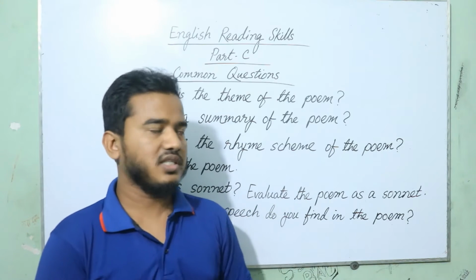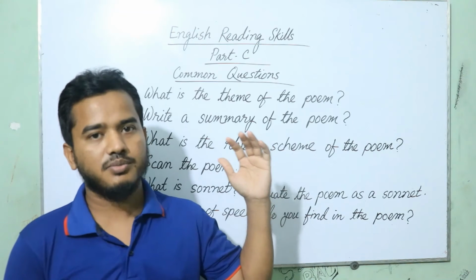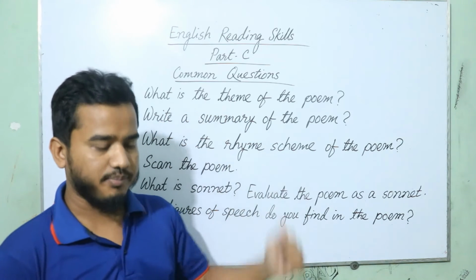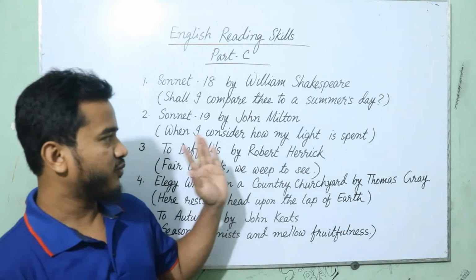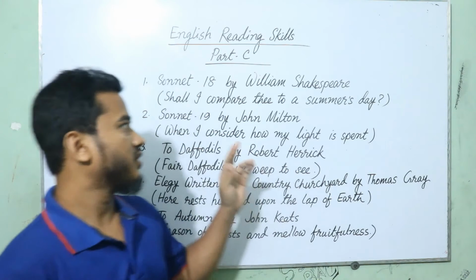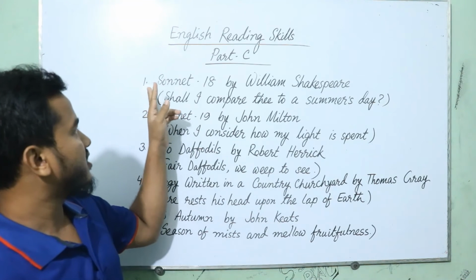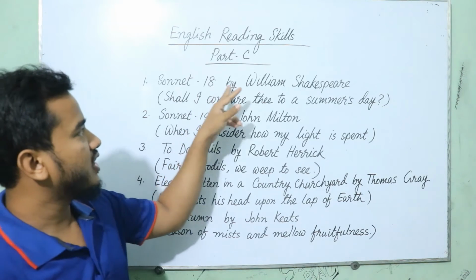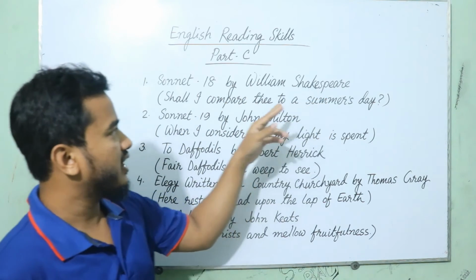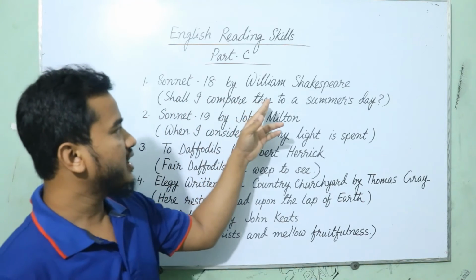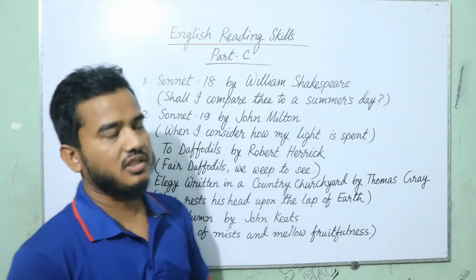So let's write down some poems for you to practice at home. The first poem is Sonnet 18, written by William Shakespeare, and the first line is, "Shall I compare thee to a summer's day?"